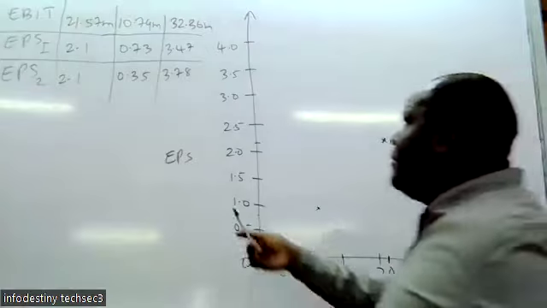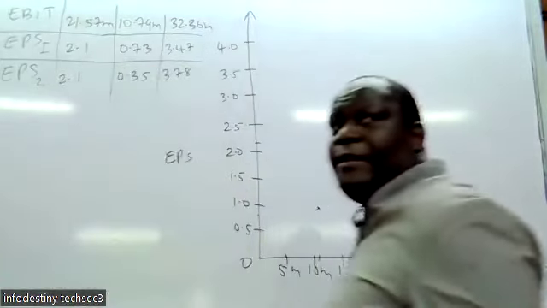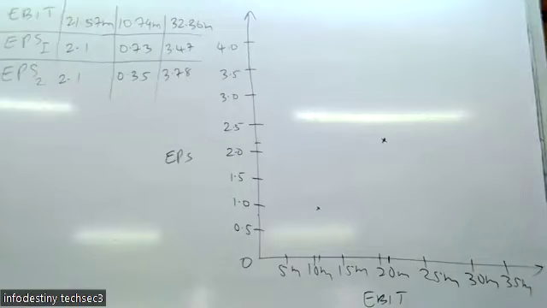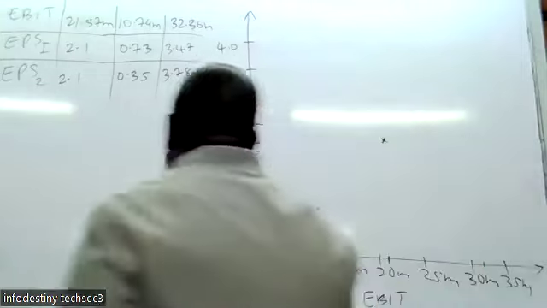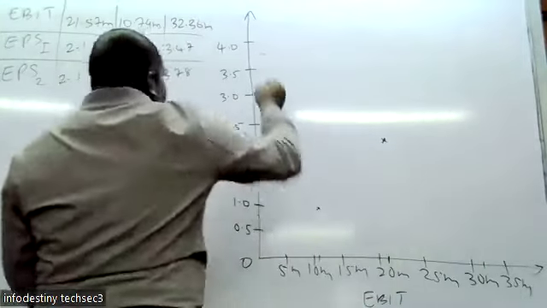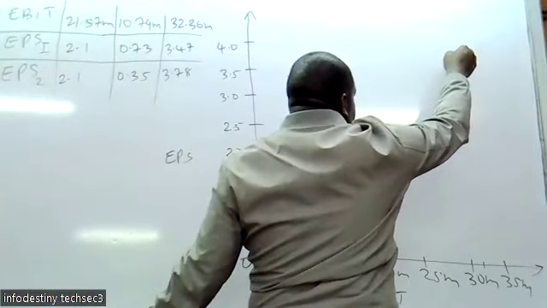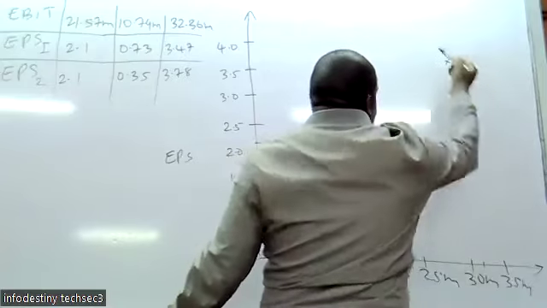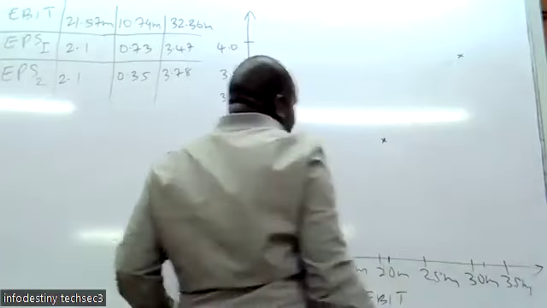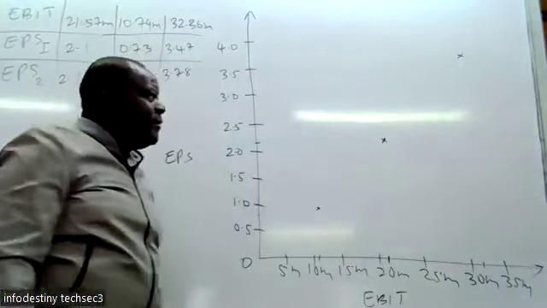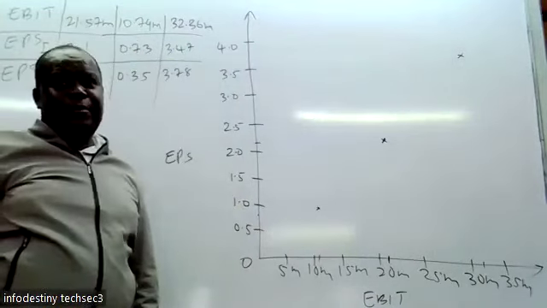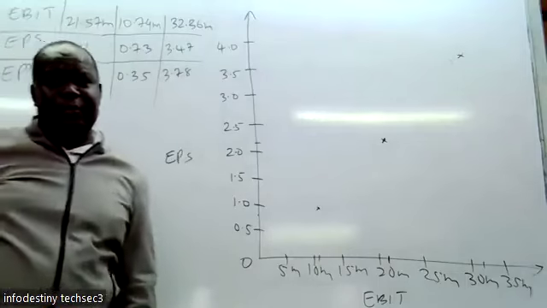Then the last one is 32, and when it is 32, it is 3.47. So 3.47 is the same as 3.5. So that is for option 1.